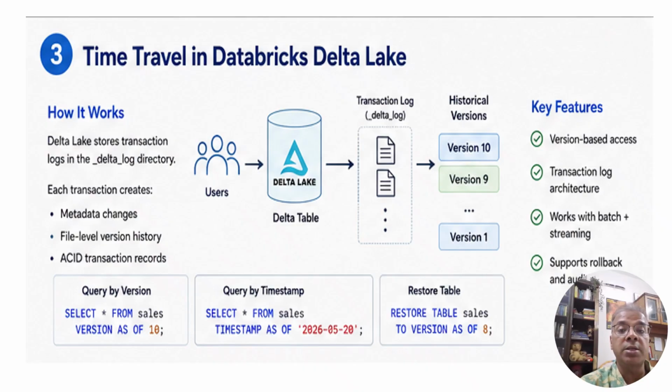Because of this architecture, Databricks can reconstruct any previous table version. On the right side, you can see examples: query by version number, querying by timestamp, and even restoring a table to an earlier state.